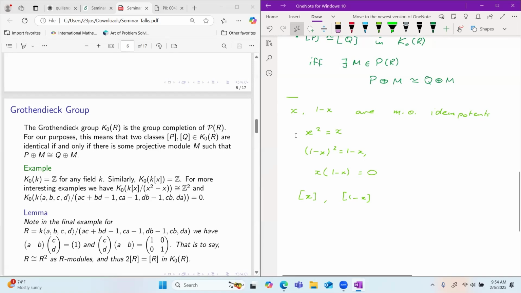And for a really disgusting example to show you that there is something interesting here, if we take this really big ring, the free algebra on 4 elements, so we don't assume these elements commute anymore.